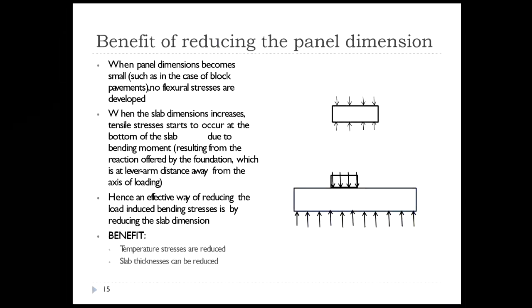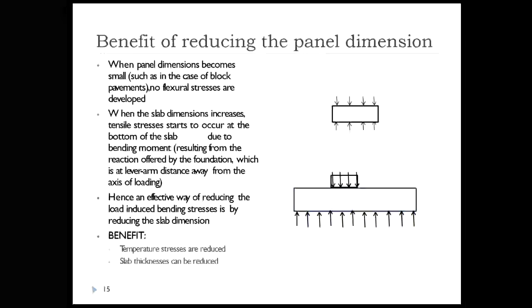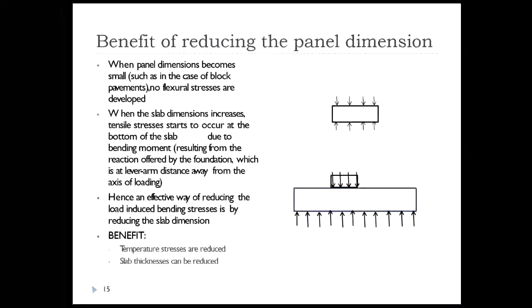When slab dimensions become much smaller, say for example in the case of interlocking block pavements, your slab dimensions are very small. That is also a concrete pavement, but because the slab dimensions are very small, you don't get flexural stresses.